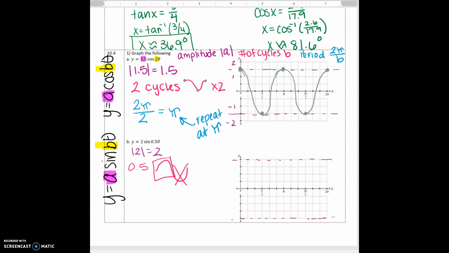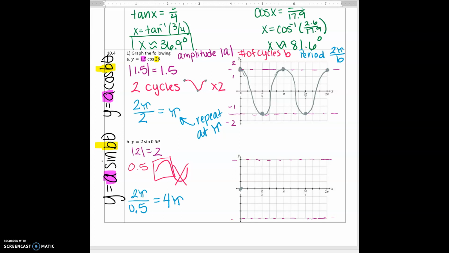And then the last one is where does it repeat? So the period. So we're going to do 2 pi divided by 0.5. Do that, and you get that it repeats at 4 pi. So we're only going to have the up curve. We know that sine starts at 0, 0.